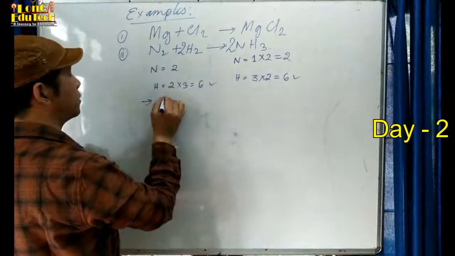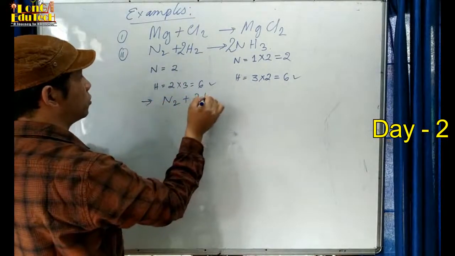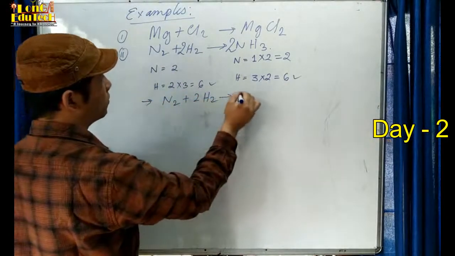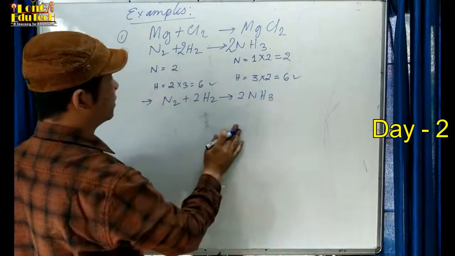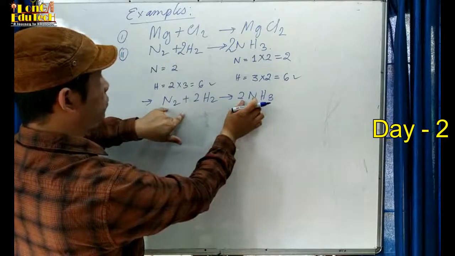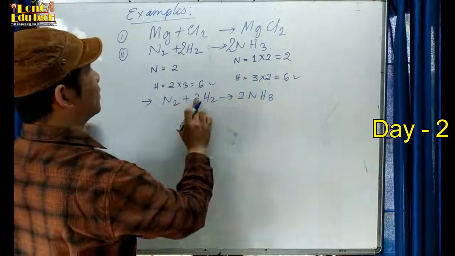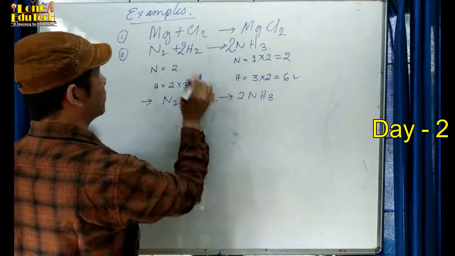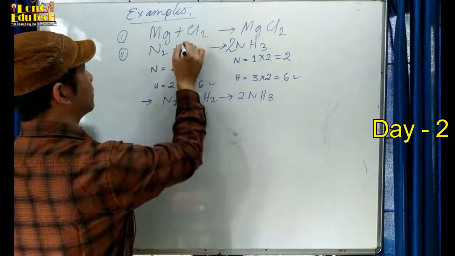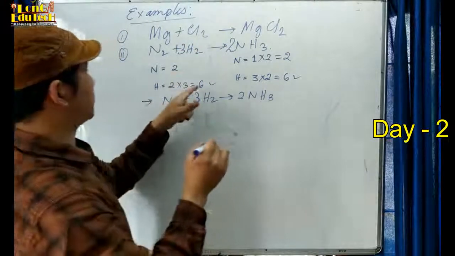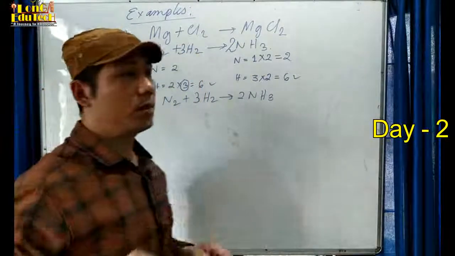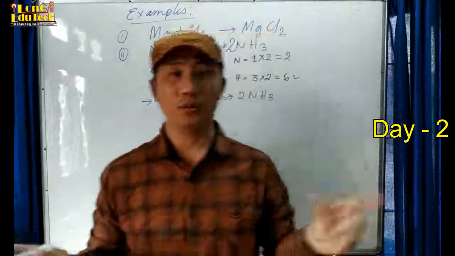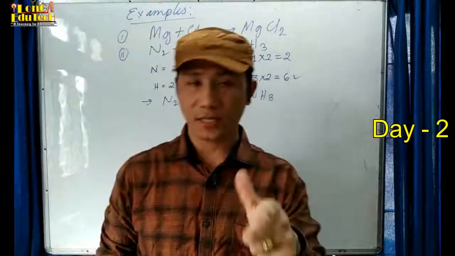Then the correct answer is N2 plus 3H2 to give 2NH3. Correct? 2, 3, really? This will be 3, right? Why do you make mistakes after doing? Yes. So 3 2s are 6, right? We multiply with the 3 only, right? So sometimes mistakes happen in such cases. So don't forget, don't get confused in such cases, right?